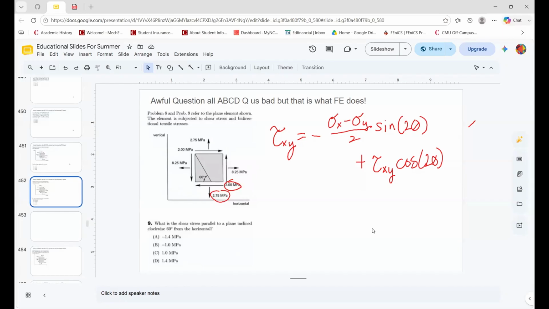Tau is 2 multiplied by cosine 2 multiplied by 30. Oh, I get negative 1.38, which I'm going to assume is correct, which means it's A. Yeah, just memorize these equations at this point. There's no reason for you to not memorize it.